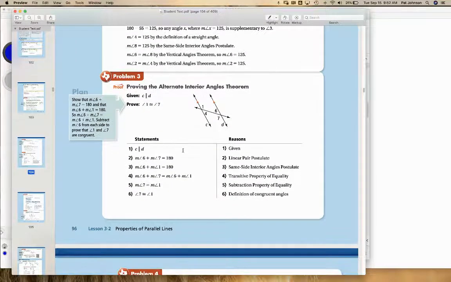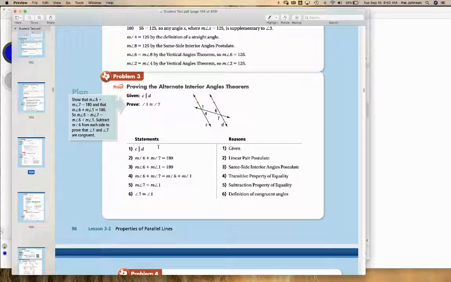So now let's talk about proving the alternate interior angles. They say C and D are parallel, which is what this little arrow indicates here, and they want us to prove that angle 1 is congruent to angle 7. So we start off with the given. You'll write that in. There are different ways.